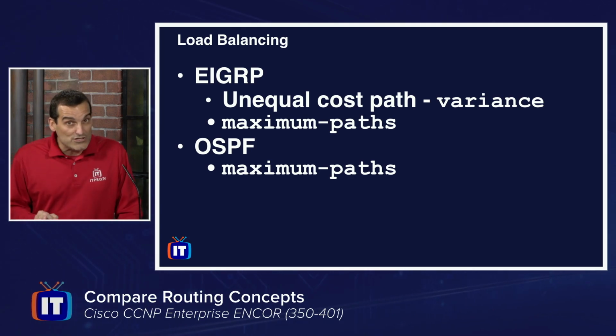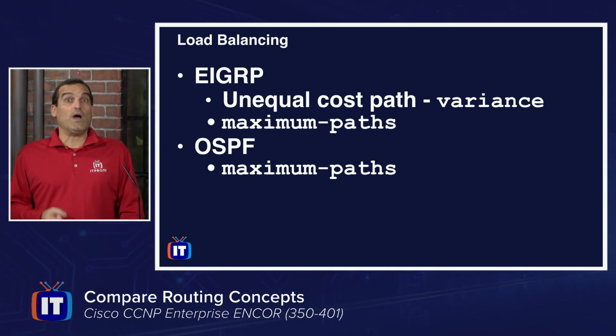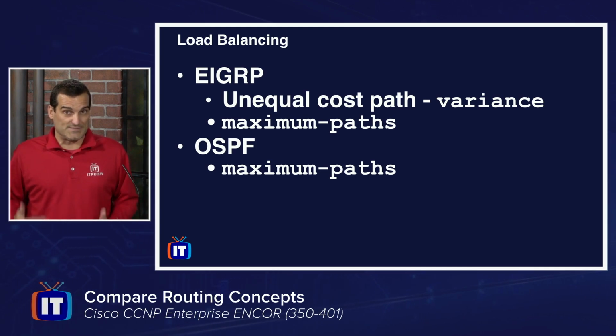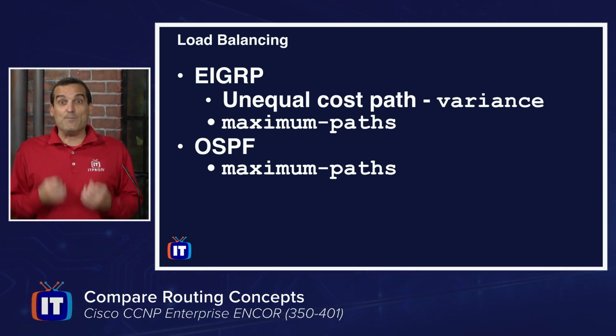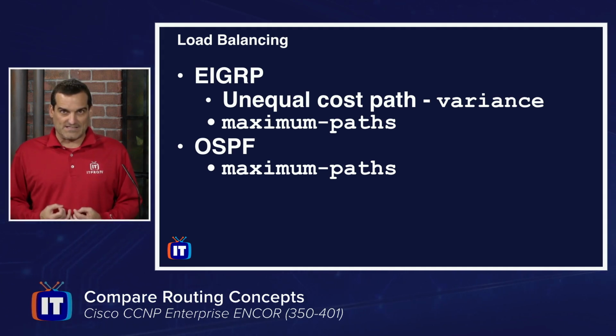So what do I want you to know out of this slide? EIGRP permits something really cool. It's one of the real genius features of it, and that is that you can do unequal cost path load balancing. Remember, it's the variance command.